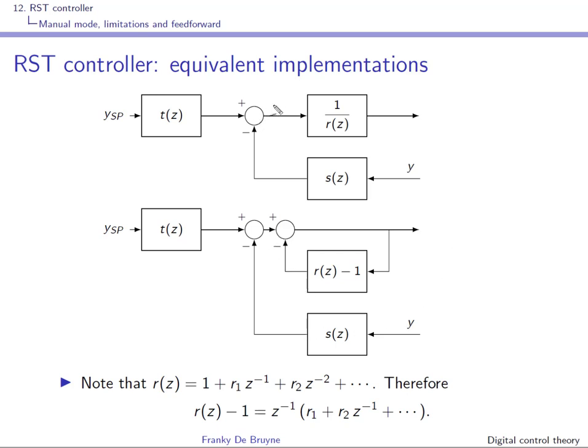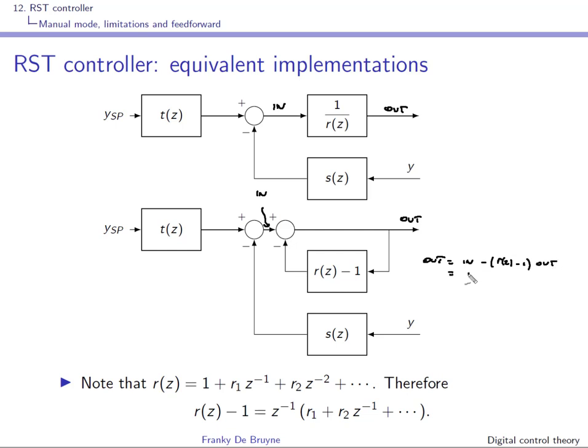So what I'll do, I'll call this input in, I'll call this one out, and we have here also in and out, and you can very easily see that these are equivalent implementations. So if you look at this, out is equal to in, minus (RZ minus 1) out.